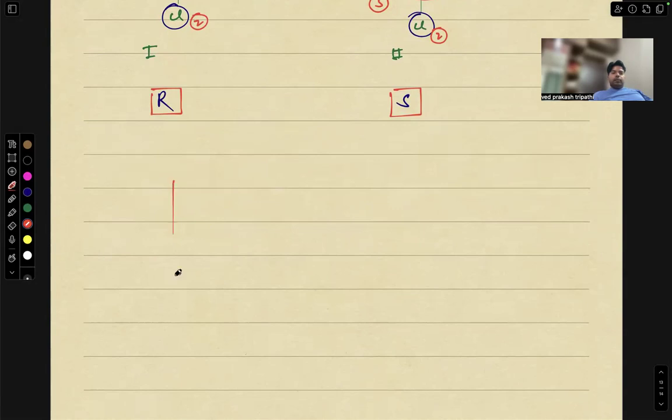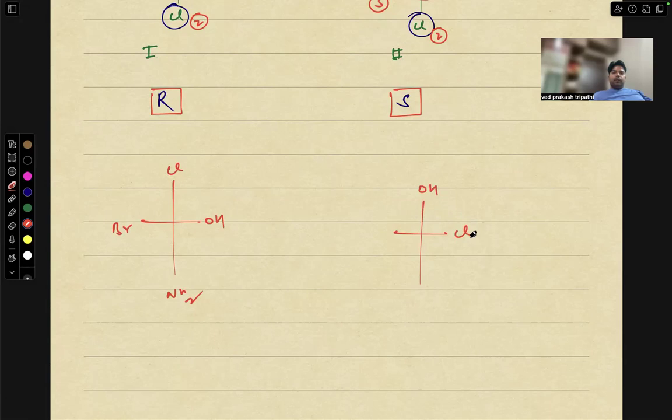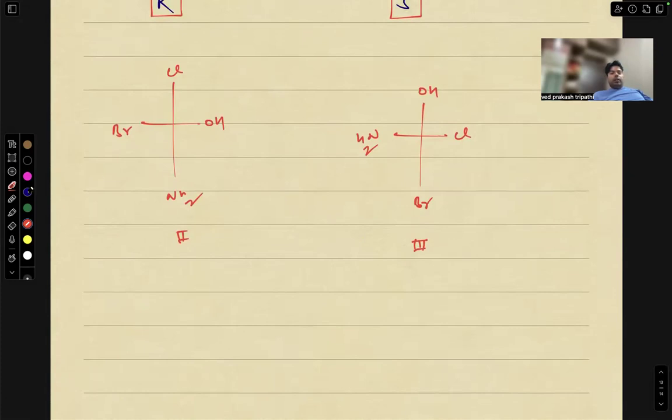Look at this example. So again, the same thing. Look at the groups.